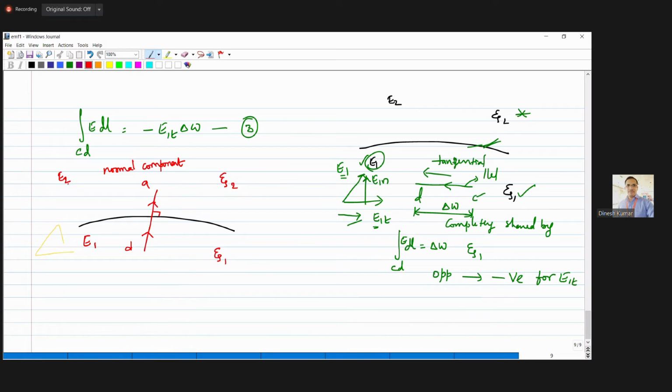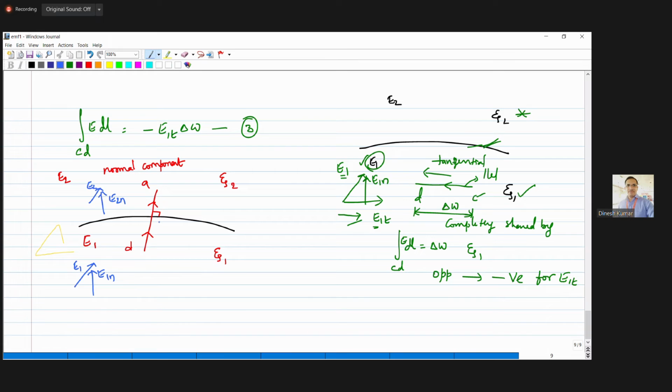Now, if I go with the component diagram, this is E2 and this is E1. Normal component is like this and normal component is like this. I am not drawing the tangential component because here there is no tangent. So this is E2n and this is E1n.